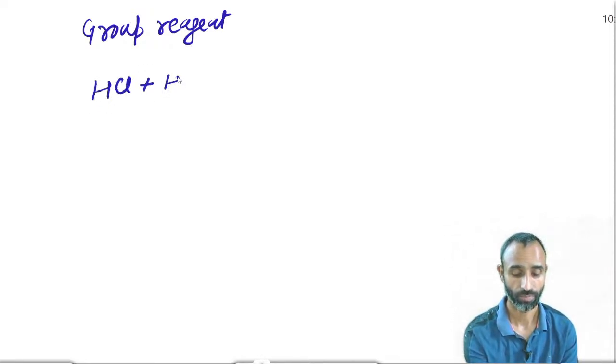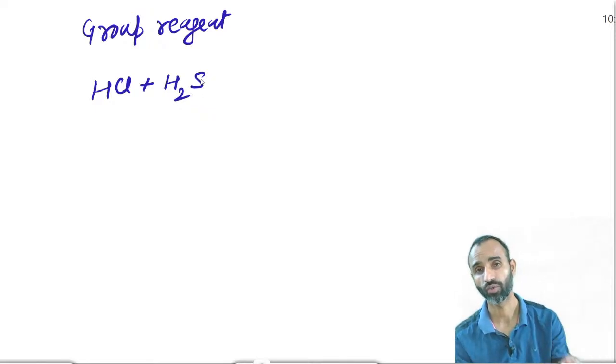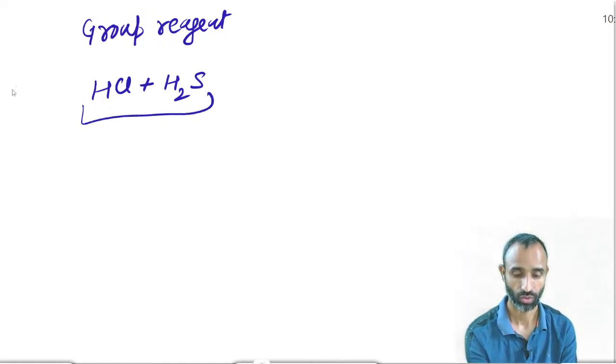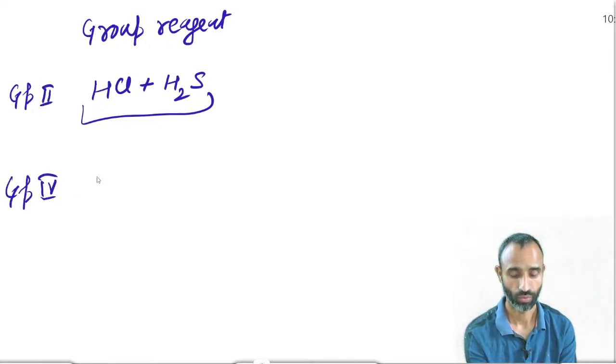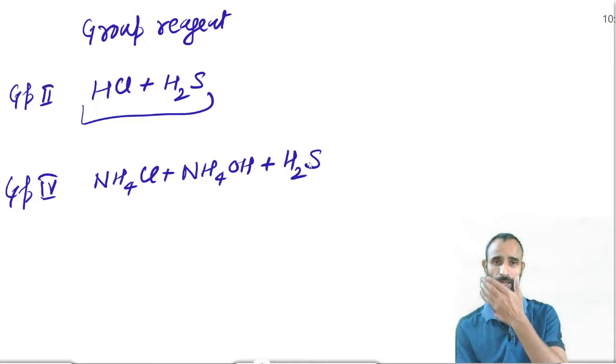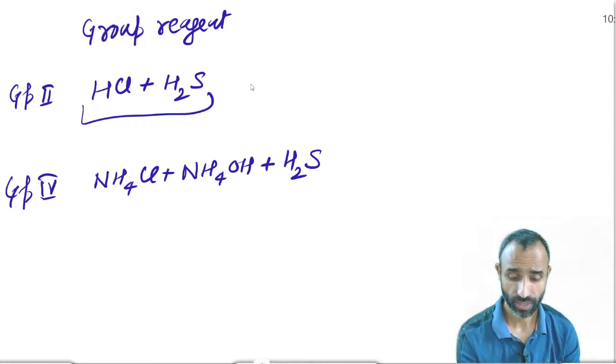We pass H2S through the solution where HCl is already added. So this is the group reagent for group 2. And in group 4, what do we do? We add NH4Cl, NH4OH, and then pass H2S gas through it. And in both cases, we get sulfides.